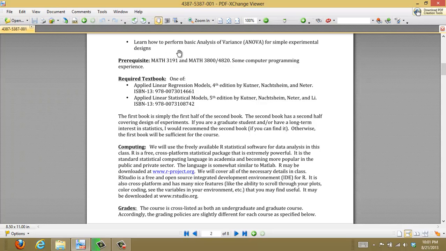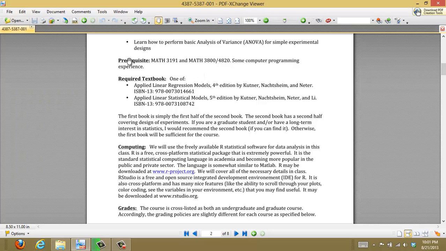Specifically, you're going to want to have taken Math 3800 or Math 4820. Math 3800 is a calculus-based statistics course for engineers that we offer at the university that will provide you what you need to do this course. Or even better, if you've had Math 4820 statistics, then you're definitely going to be prepared to be successful in this course.